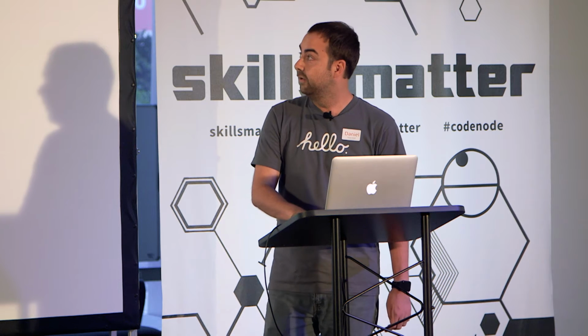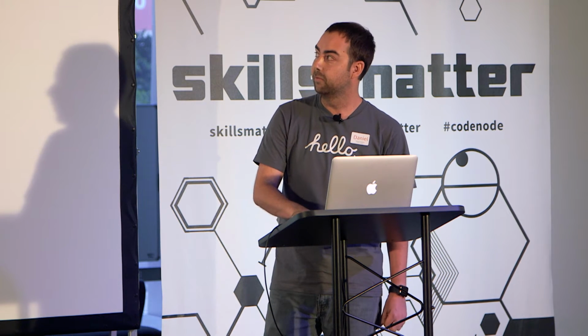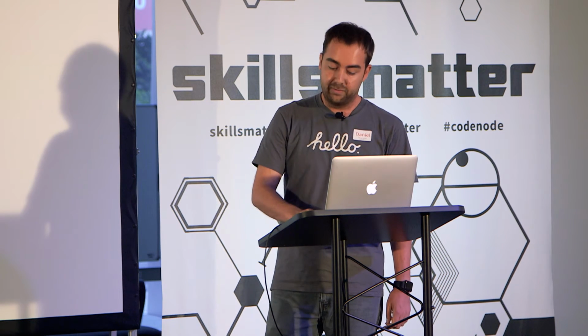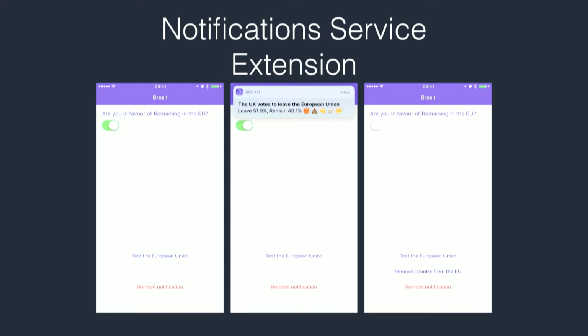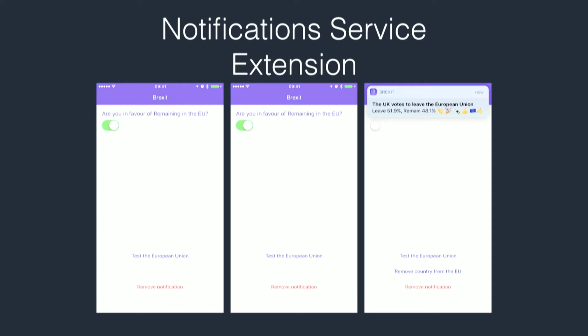But we can do something more fun. For example, we could have a plain notification saying the result of the poll. But because we know the user's setting about whether they are in favor of the remain or leave option, we can add some funny emojis to the messages.